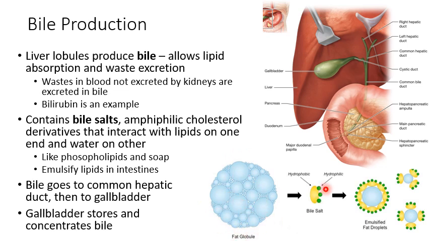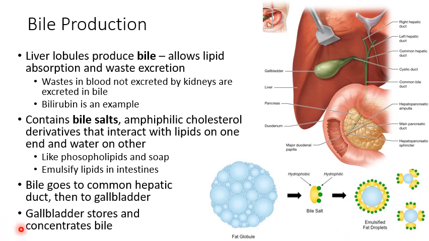But when you add these bile salts that are hydrophobic on the yellow end and hydrophilic on the green end, the bile salts are able to get into this fat globule and start breaking it up. They will surround the little particles of fat on all sides with their hydrophobic portion interacting with the fat droplet. Then their hydrophilic portions will interact with the water surrounding the globule. And you can get a lot of really small emulsified fat droplets by adding those bile salts.